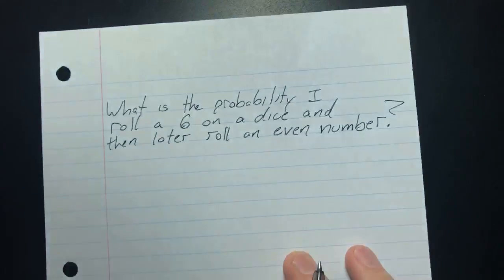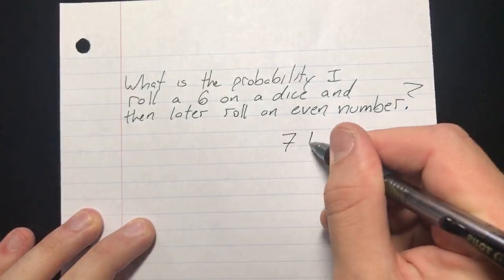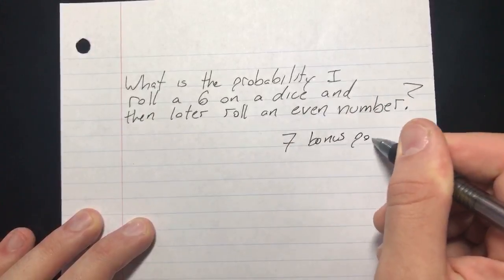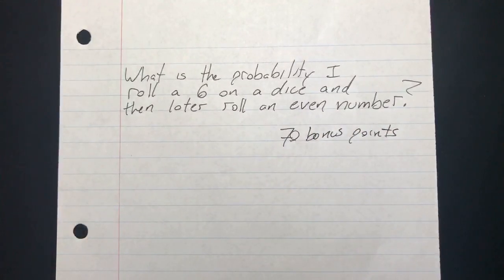Do you guys play Dungeons and Dragons? This would be important to know. What is the probability I roll a 6 on a dice and then later I roll an even number? What is the probability? This one is worth 7 whole bonus points. I'll make it 70 bonus points.